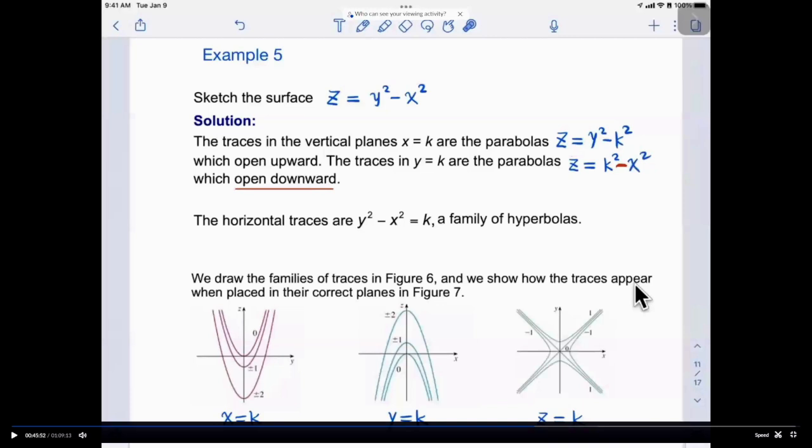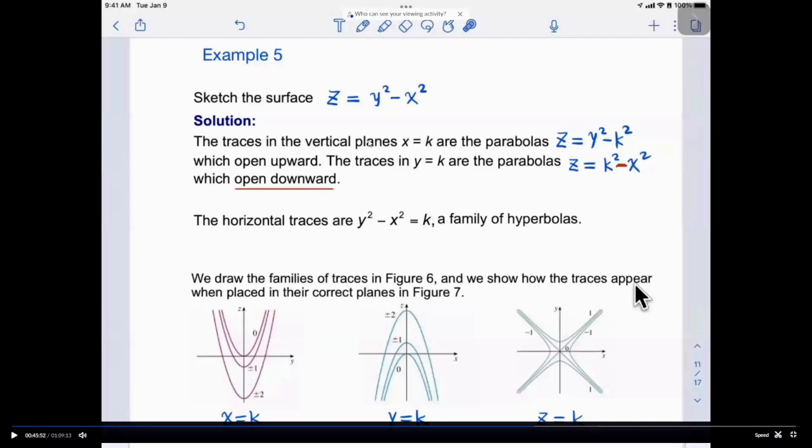Now, what about horizontal? What if I set d equal to different constants? When I set d equal to a different constant, it means I'm going to take the horizontal plane and cut the surface with it. d equal to 0, d equal to 1, and cut it.